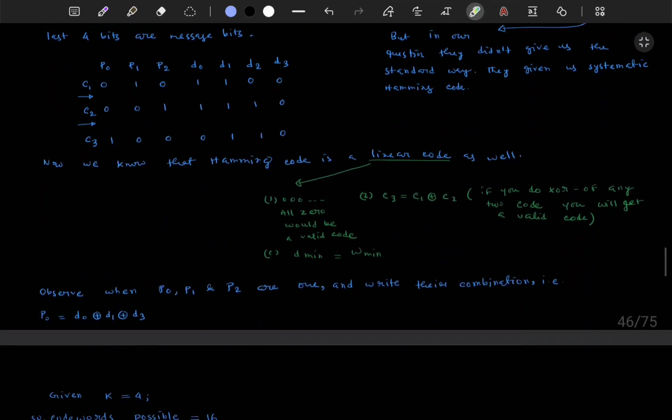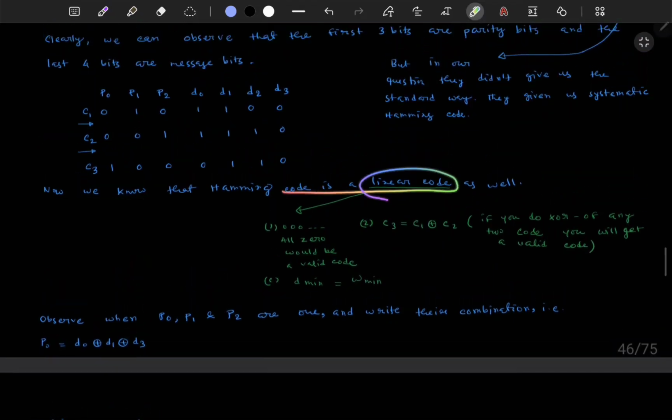Now here we know that the Hamming code is a linear code as well. For a linear code, the all-zero word is a valid code word, and d minimum equals w minimum, and another property is C3 equals C1 XOR C2.